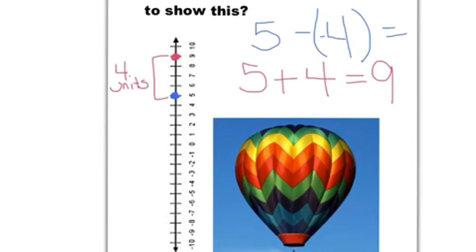Okay, let's go ahead and go to our next slide and show you another way to use the number line. The first thing I also want to tell you is that the symbol for subtraction, the minus sign, has 2 meanings. One is to minus or take away.